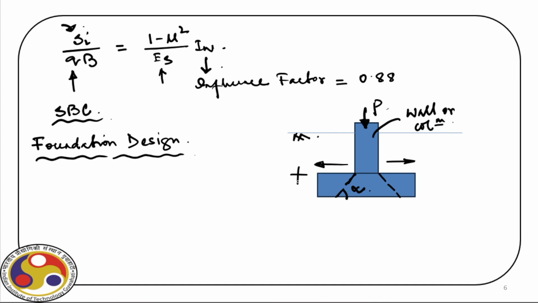And then there is a minimum thickness, because if you have a very skinny foundation, then what will happen? This wall or column can punch through that foundation and it can break with its own weight. So the thickness of RCC or plain concrete footing has a minimum requirement.